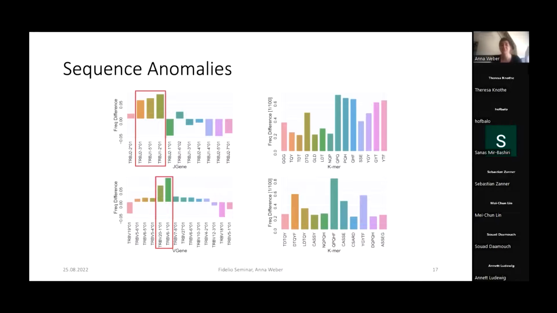There are people who've done extensive studies across millions of people to identify the frequencies of these different receptors. Compared to those frequencies, we find that two V segments and 3 J segments occur a lot more often than usual in our sequences.